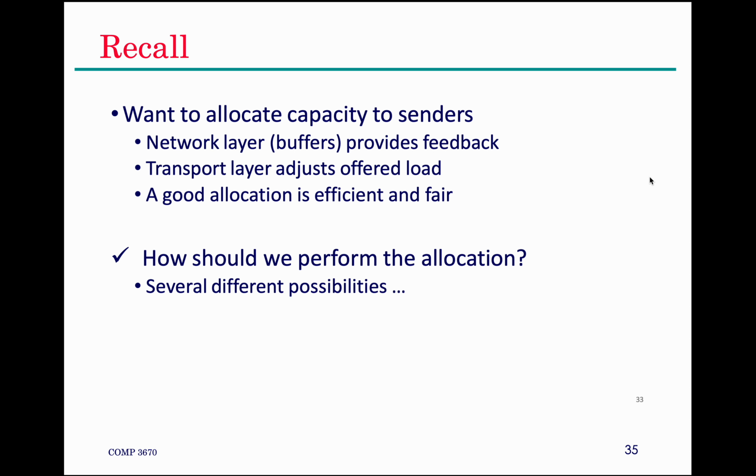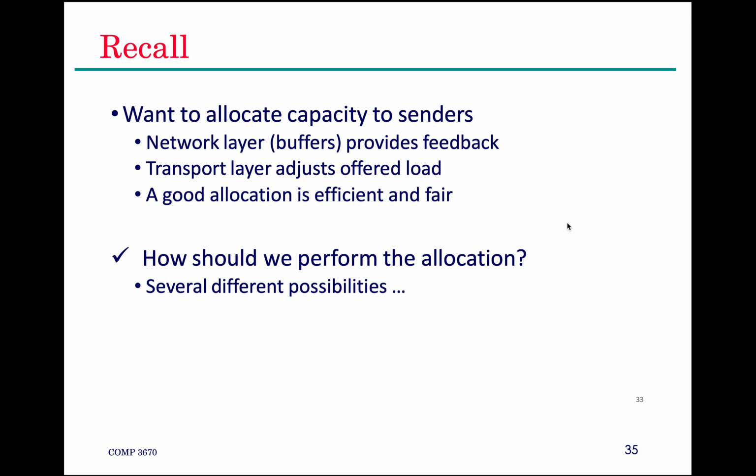in the case that there is a congestion. Okay? And basically, a good bandwidth allocation should be efficient and fair. Efficient and fair meaning that if I have three hosts on the network, they're all trying to send their own traffic.